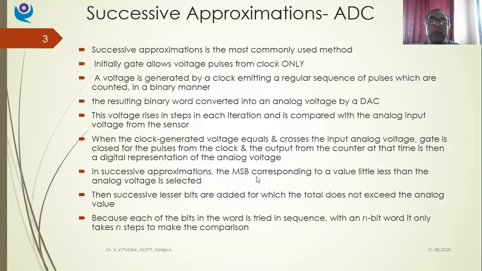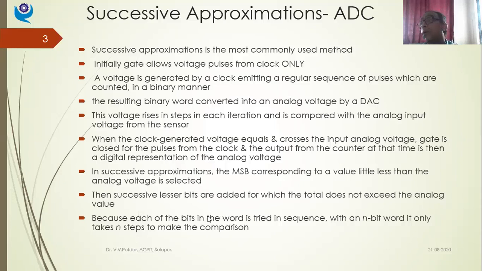Then successive lesser bits are added, for which the total does not exceed the analog value.